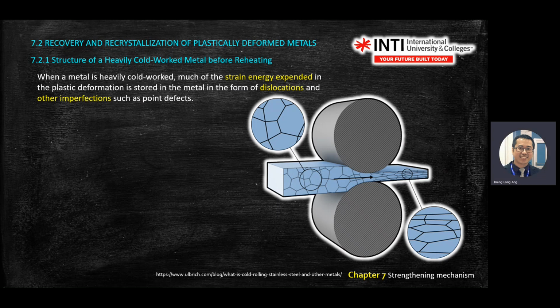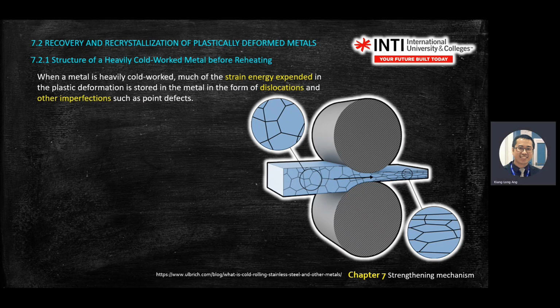Next, we look at the structure of heavily cold worked metal before reheating. This is called before annealing. On the diagram here, you see there's a change of the structure. Before the roller, the grain is very big, but when it's squeezed, the grain becomes very long and thin.